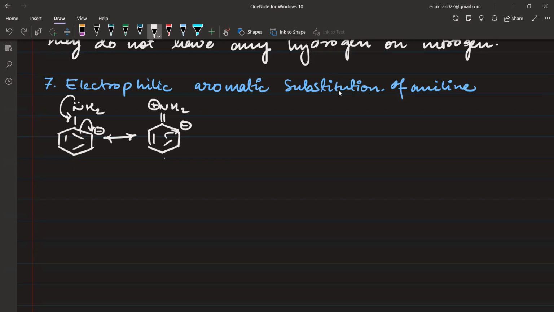This is very similar to what we have done in phenoxide or phenol. OH group is also an electron donating group. Now please write. This will give you a resonance hybrid structure, which looks like this. Delta negative, and delta negative.